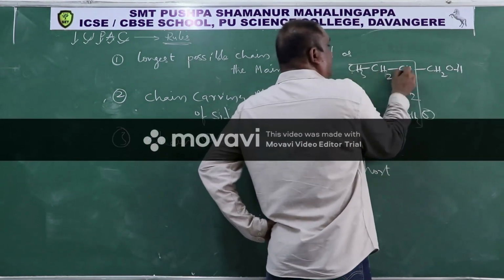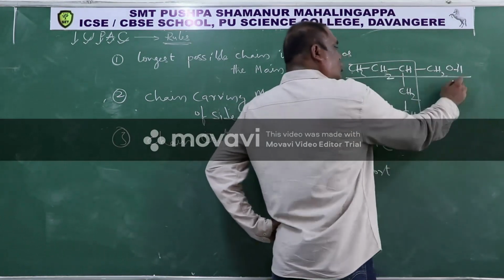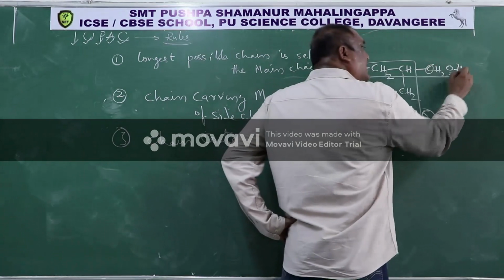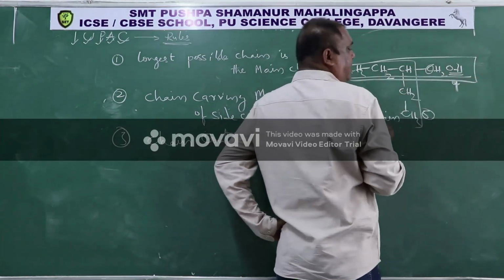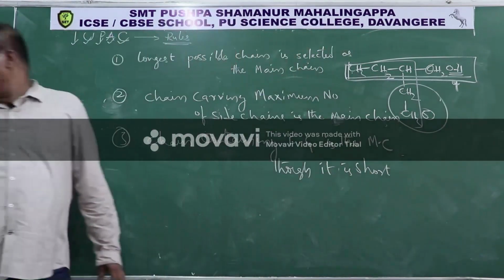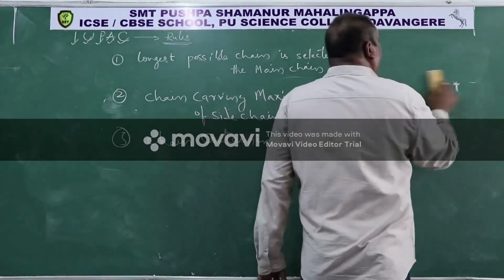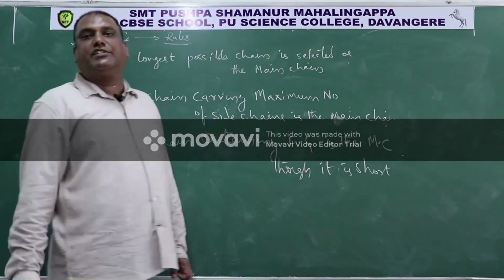But 1, 2, 3, 4, this is having only 4 carbons. Though it is having 4 carbons, the carbon to which functional group is attached should be in the main chain. So therefore this becomes the main chain and this becomes the side chain. So the rule is the carbon to which functional group is attached should be in the main chain.